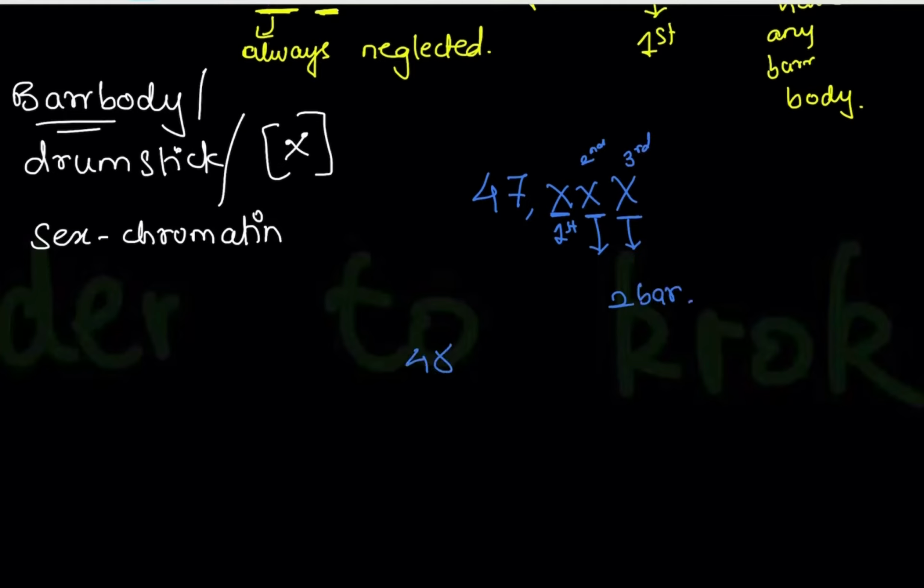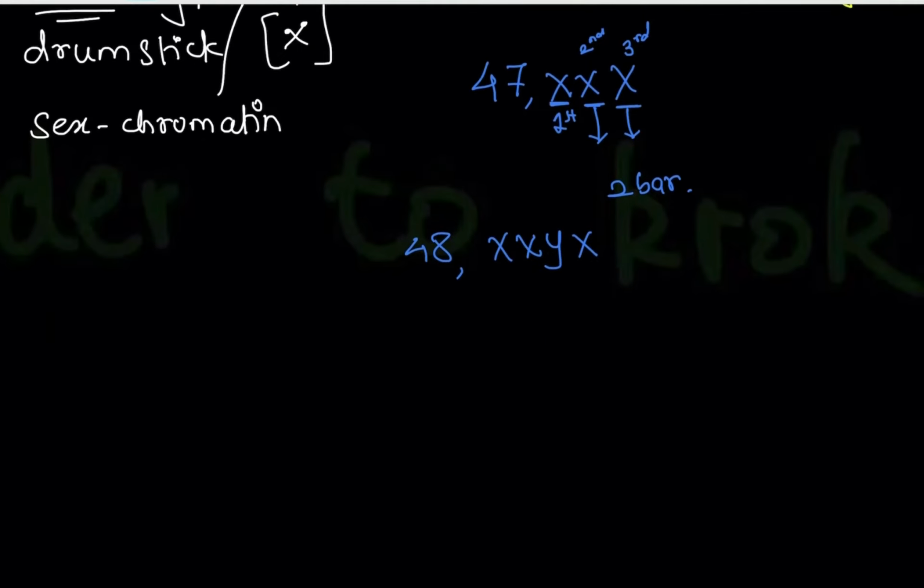If I say 48XXYX, this is just an example, and I ask you to count how many Barr bodies are there, then you should answer that it has two Barr bodies once again. Why does it have two Barr bodies? Because at the third position there is Y, and Y doesn't come under Barr body. Only the X chromosome is counted as Barr body, and the first position X chromosome is always ignored. You should remember this. I hope this concept is clear.